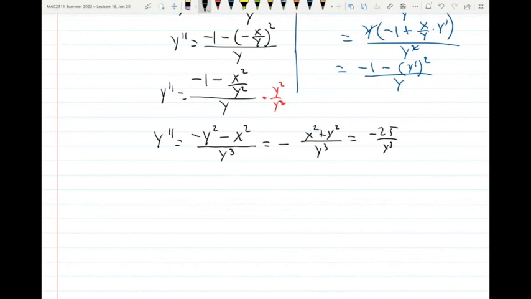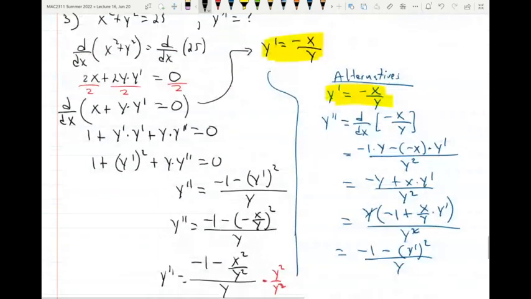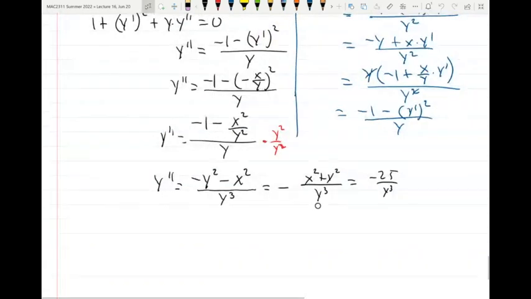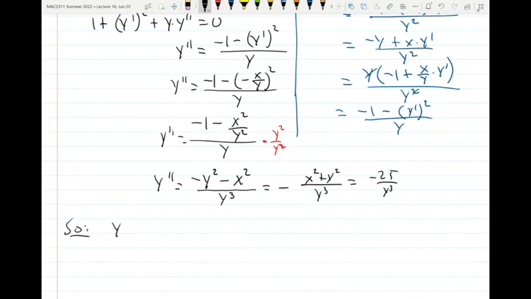So this is way nicer than giving this answer, and it's also nicer than giving this answer. Okay? So y double prime is negative 25 over y cubed.